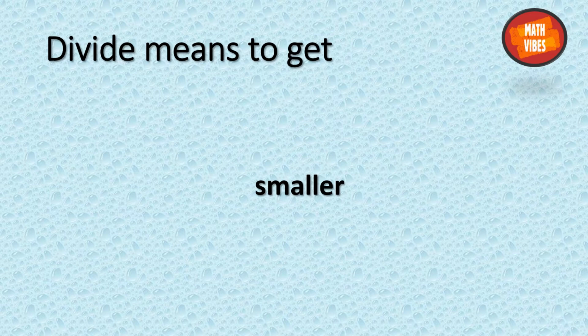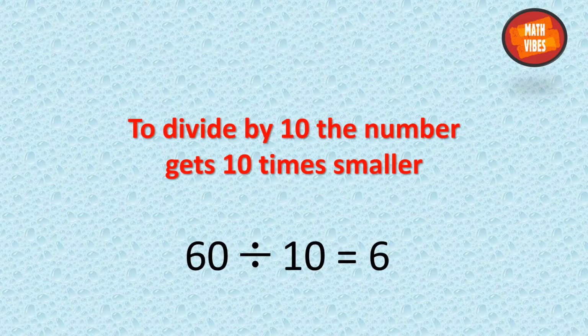In order to divide by 10, the number will get 10 times smaller. Remember, when we multiplied by 10, we took the example 6 into 10 is equal to 60. It was becoming 10 times bigger. But now when we are dividing by 10, it is becoming 10 times smaller.